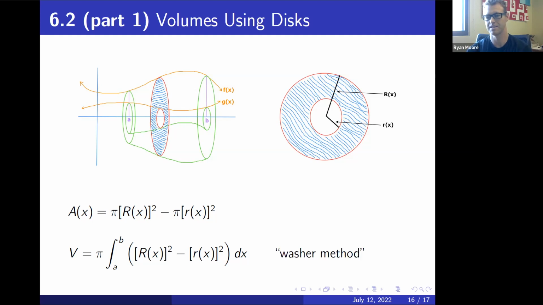We're going to call this the washer method. A washer has this sort of shape like the cross-sectional area. Think of a screw or a nut. A washer has that sort of shape, if you work with many hand tools.